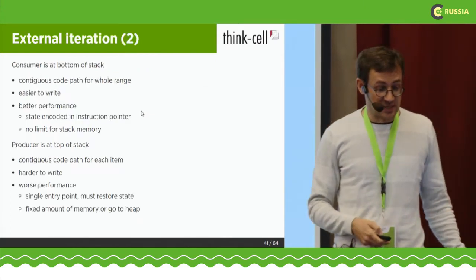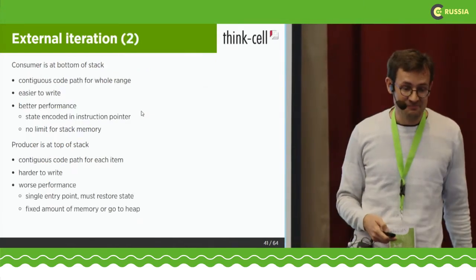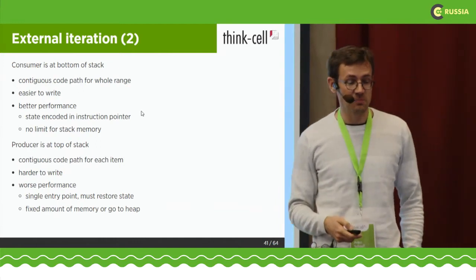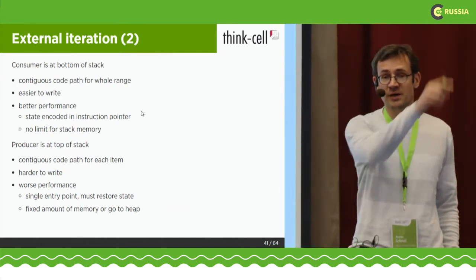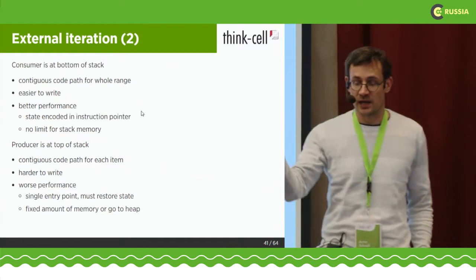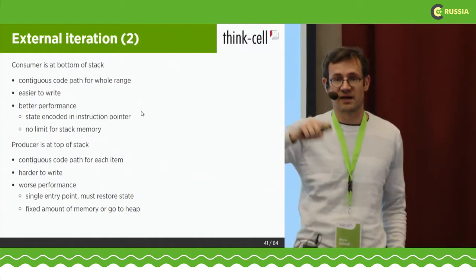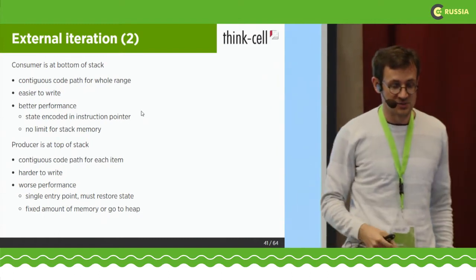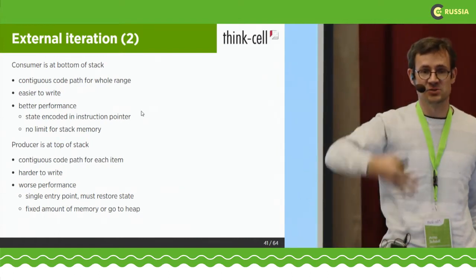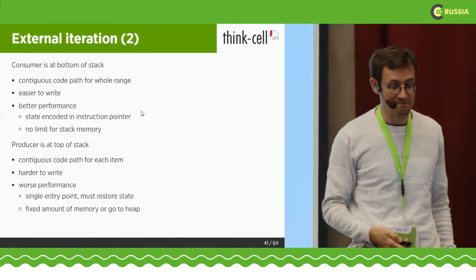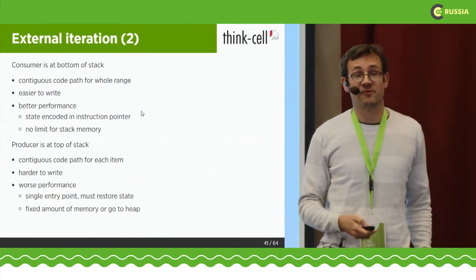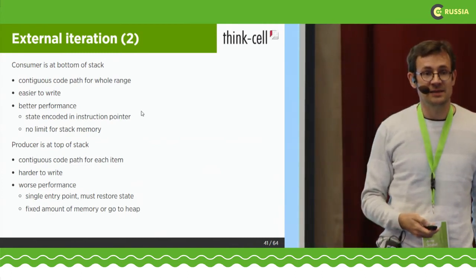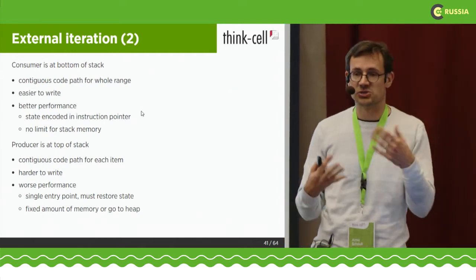This has consequences. Consumers at the bottom of the stack have a contiguous code path for the whole range. So you can write your code anywhere, and whenever you need a value, you say, hey, I need a value, and you get a value, and then you need the next value, you get another value. So it's very easy to write that as a continuous control flow. You get better performance because in an iterator, you have to restore your state.